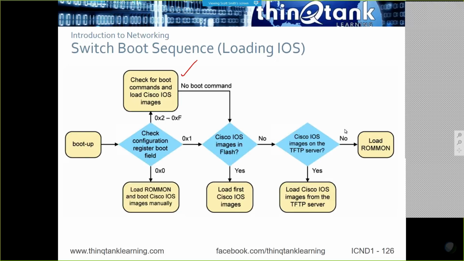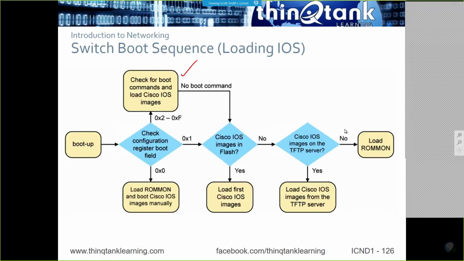Okay? Says right here, if I have multiple Cisco iOS images in Flash, I'm going to load the first image listed in the directory. So it actually loads them based on how they're ordered in the Flash itself. If you do a dir Flash, whichever one comes first is the one that gets loaded.